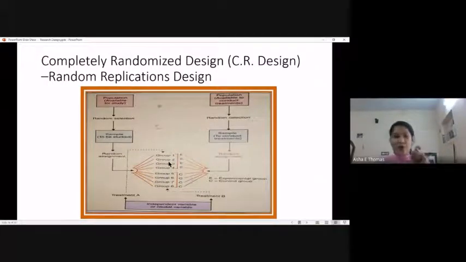I have group 1, group 2, group 3, group 4. So the principle of replication will come. Same as the case, I have group 5, group 6, group 7, group 8. Again, the replication comes. Here also I have an experimental group and a control group. But I do not have one each, I have many. So I'm repeating it again and again to ensure that the result I get is good.